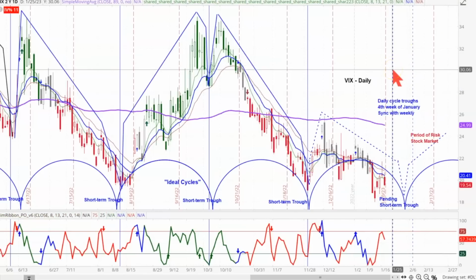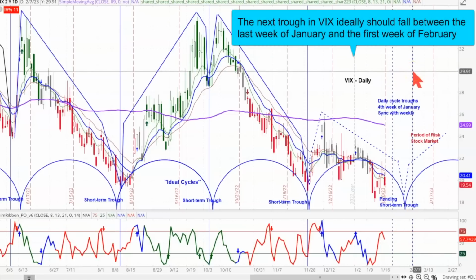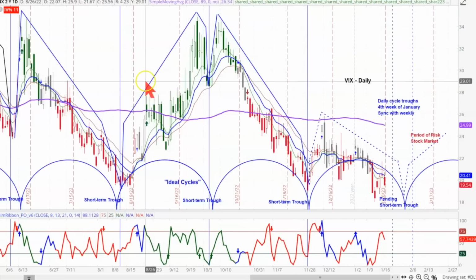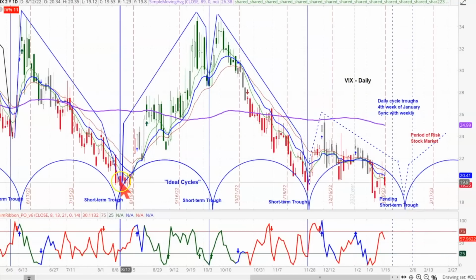And it tells us that it's somewhere around January 25th to somewhere around February 7th as where the ideal low would be formed, somewhere in that range. And you can see right over here the short-term trough right here where that came, and right here.